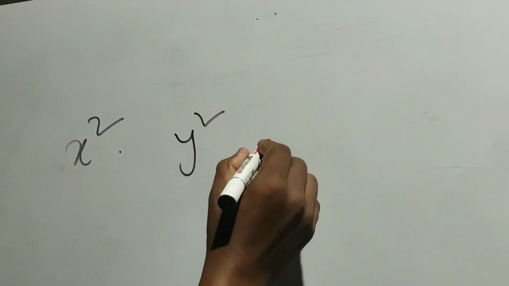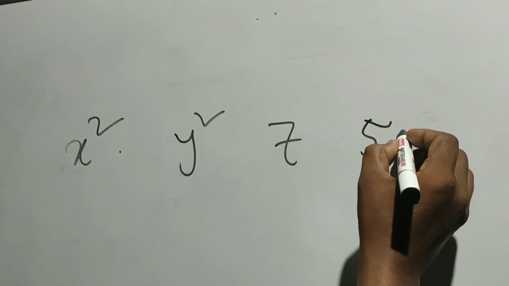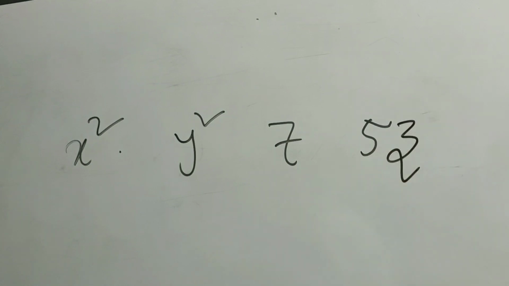I would like to write some variables, constant terms or both. You see, X square, Y square, 7, 5, Z. Here you can see these are variables. X square, X is variable, Y square, Y is variable, 7 is constant term.